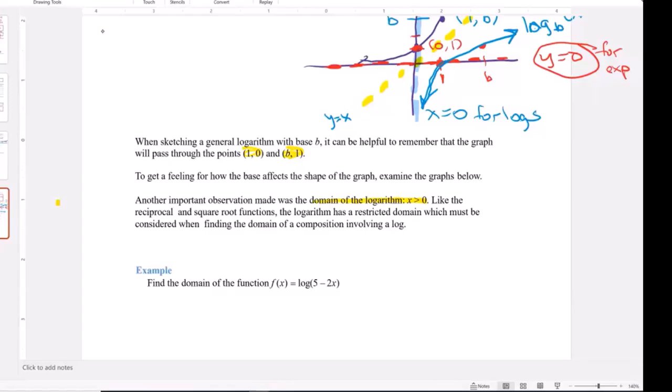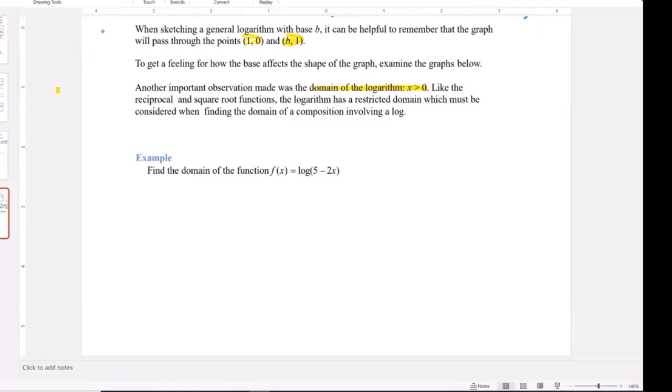Okay? So first here, let's find the domain of this function. It's not asking for anything else. All it says is, let's find the domain. Well, we know that we can only find the domain if the argument, this is called the argument, what's between the parentheses.